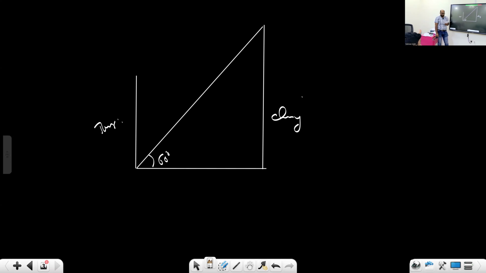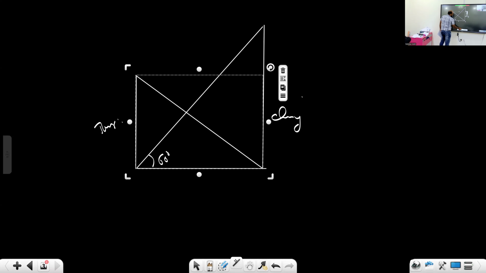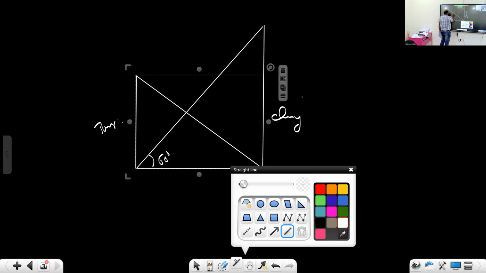And from the same point, the angle of depression of the foot of the chimney from the top of the tower. From the top of the tower, angle to the foot. What do we have to draw?